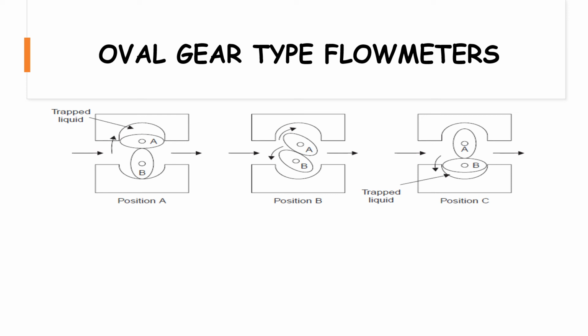Now, in position B, the fluid enters the space between gear B and the meter body.